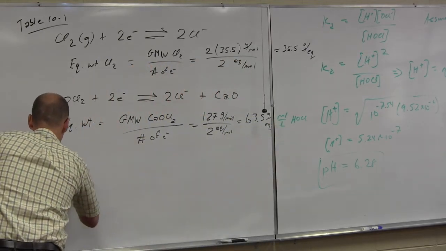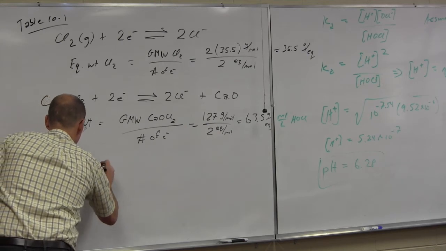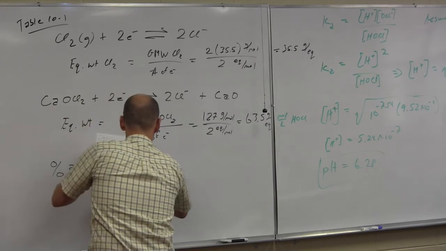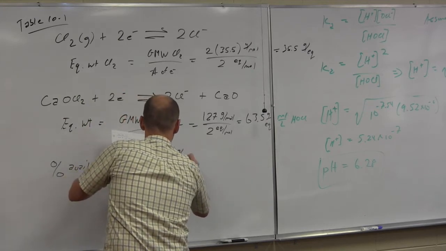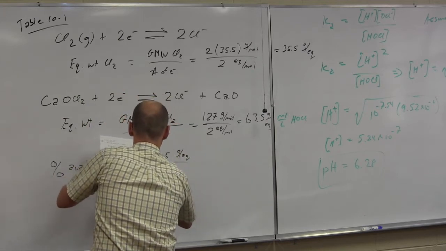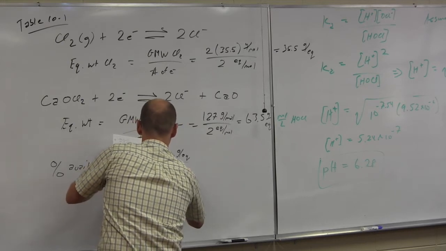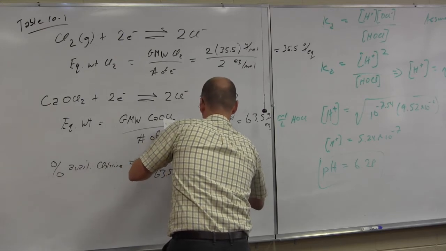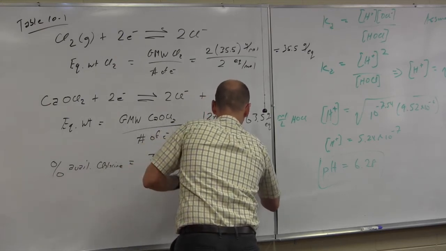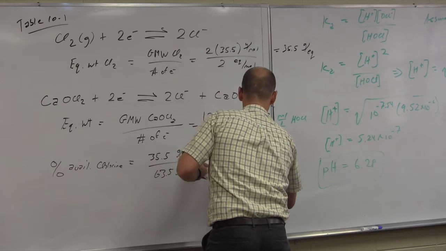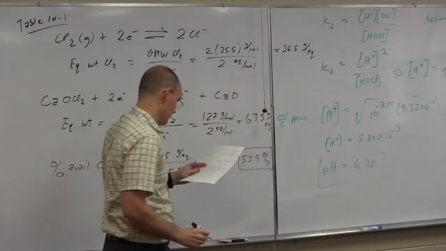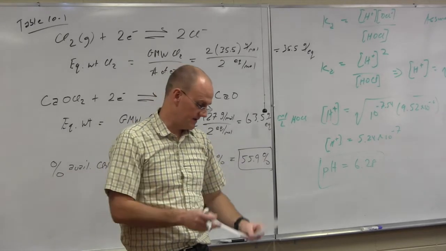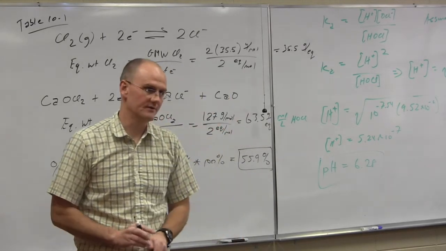So the percent available chlorine is going to be our 35.5 grams per equivalent divided by the 63.5 grams per equivalent times 100%, and that's 55.9%. Okay. You can also look at example 10.2 in your book to see this percent available chlorine.